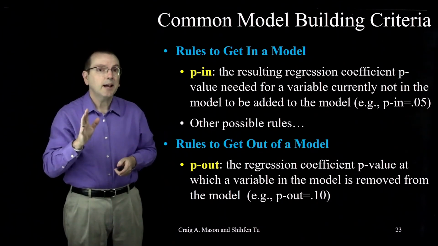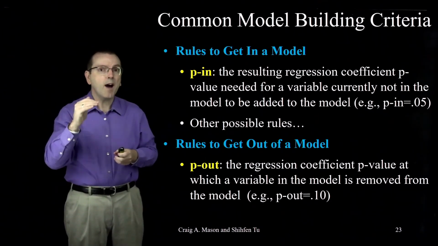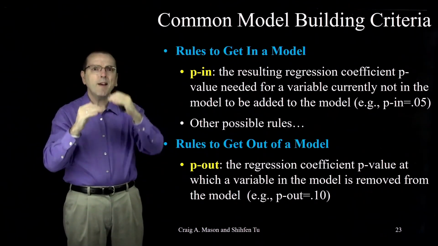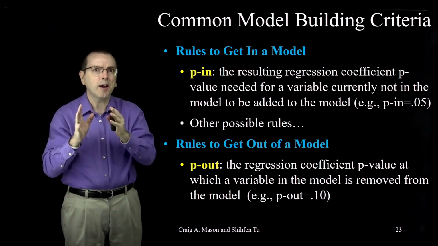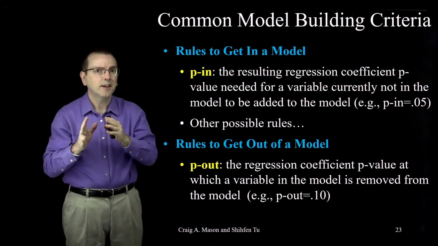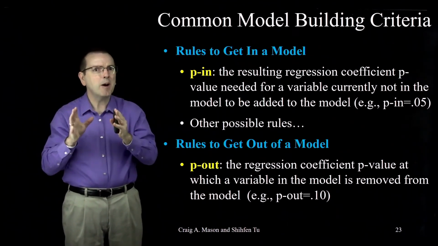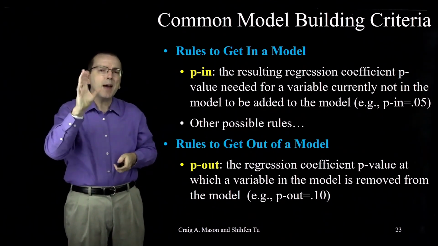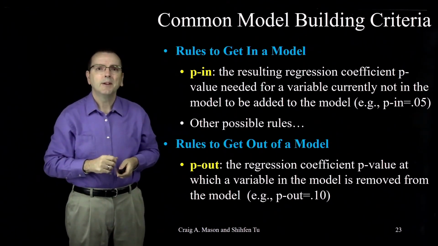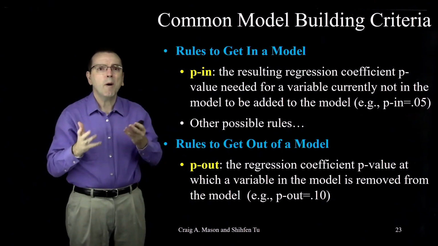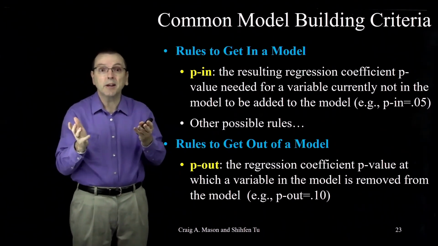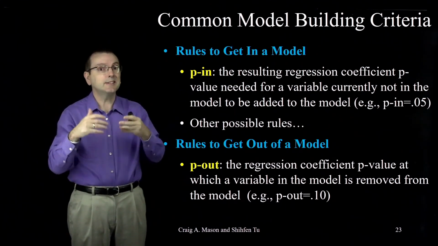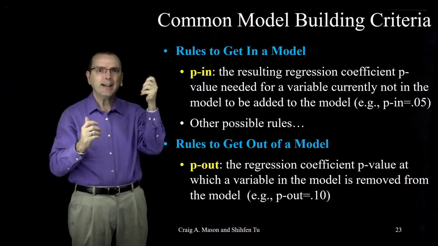Notice that because p in is 0.05 and p out is 0.10, the variable only gets into the model if it's statistically significant. But they can stay in the model even if p later on is a little above that 0.05 level. So you may wonder, why not just set p out as 0.05 as well? In other words, once it's not significant, kick it out of the model.